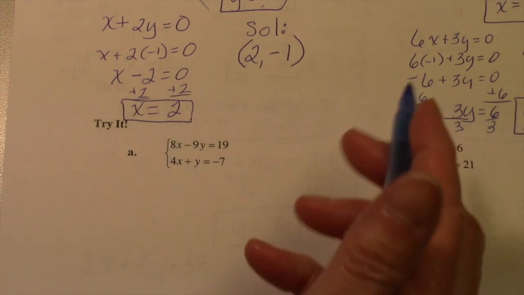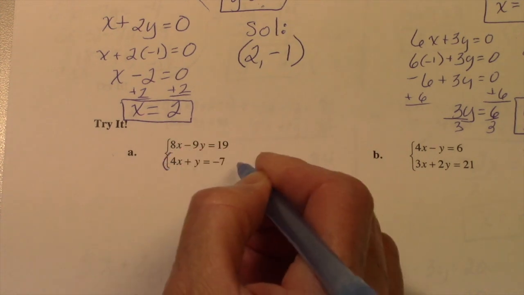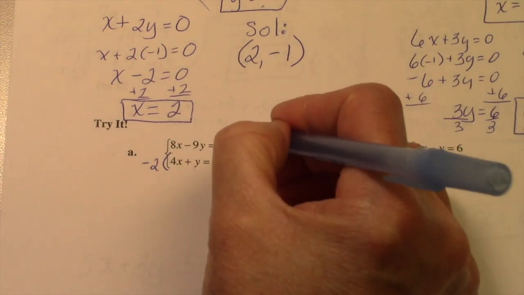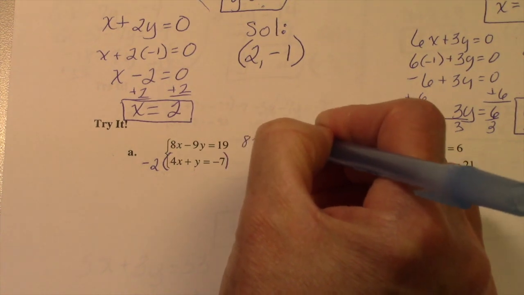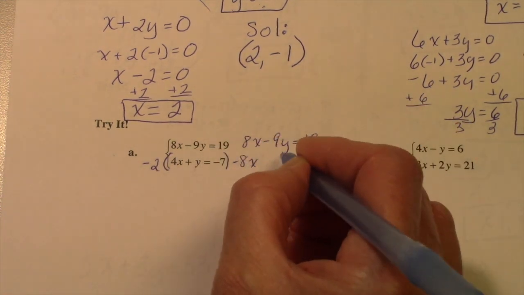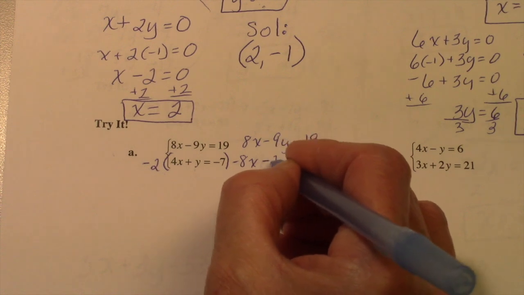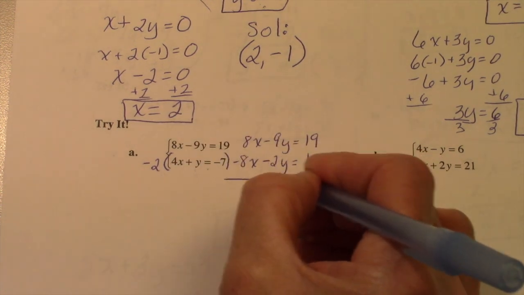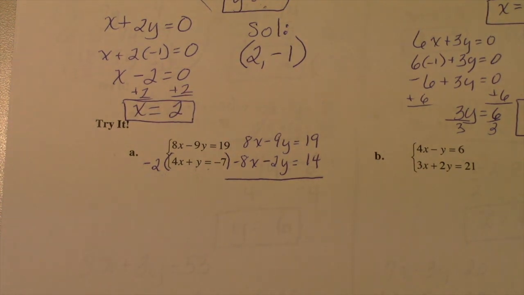I'm going to go with the 2, with the x. I'm going to multiply the bottom by negative 2. So the top stays 8x minus 9y equals 19. The bottom becomes negative 8x, negative 2y equals positive 14. Okay?